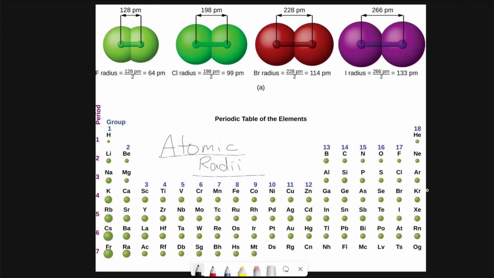But if you think in terms of effective nuclear charge, as we said earlier, the valence electrons do not have the same influence that the core electrons do within each atom. So if we take fluorine as an example, fluorine will have 2 core electrons and 7 valence electrons.